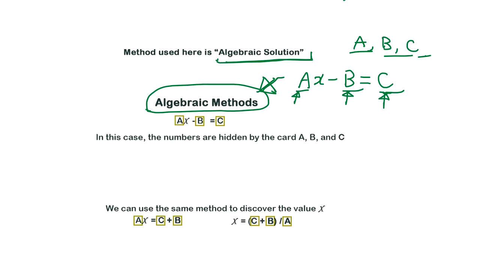So figure out what x is. I just don't know x, but I know the values a, b, c. For example, 5x minus 2 equals 7. My promise is I give you the values of a, b, c, but I don't have a value for x. In this equation, figure out x.